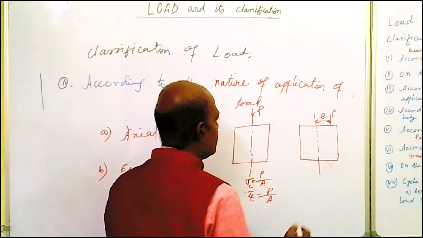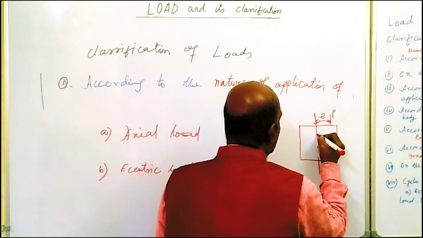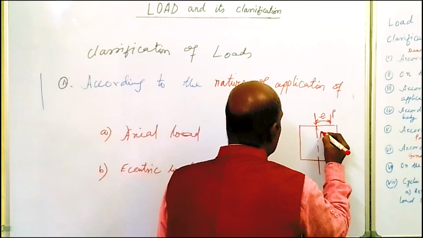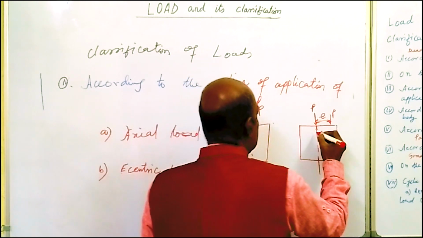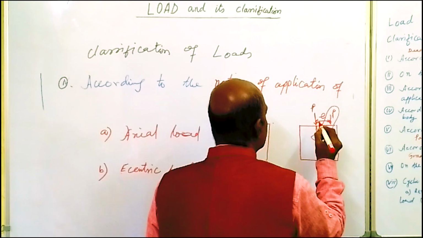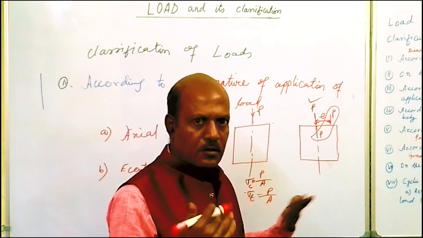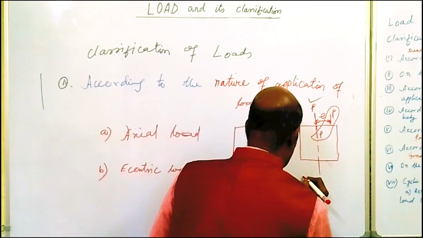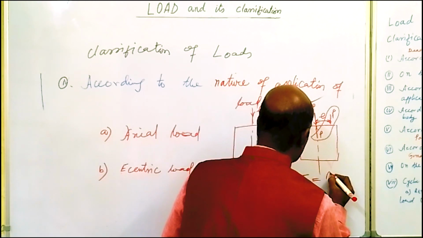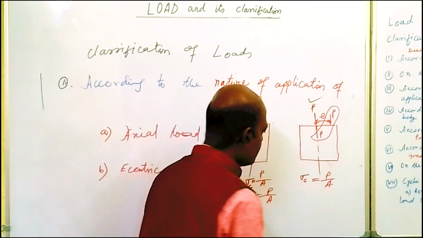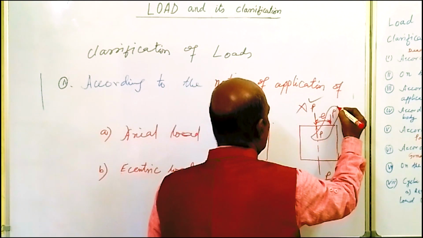Now let's see, consider that we are applying two equal and opposite forces equal to P at the axis. Now forget these two P, consider this P. This P is acting through the axis of the member. So what will it produce? It will produce the direct compressive stress, that is equal to P by A. Now forget this and consider this one.